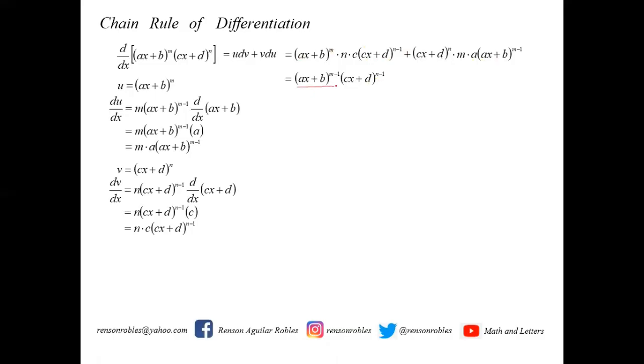When these two are factored out from here, what will be left is nc times ax plus b. And then when these are factored out from the second term, what will be left here is ma times cx plus d. Okay, and then we shall simplify this expression inside the bracket by introducing nc to each term inside and ma to each term inside cx plus d.